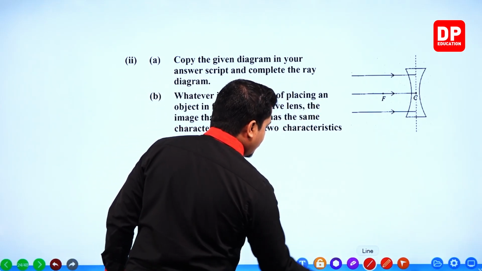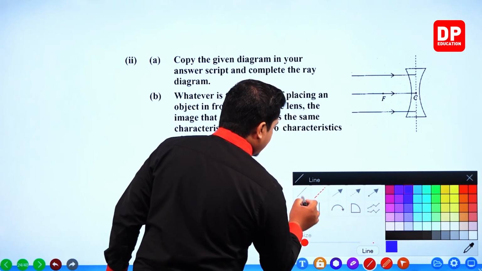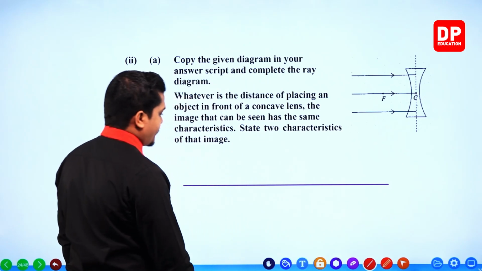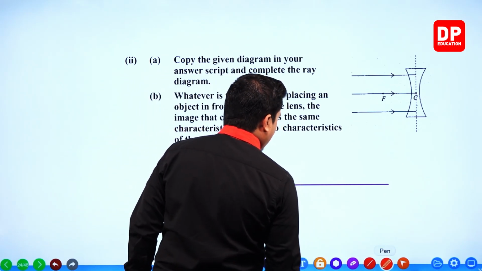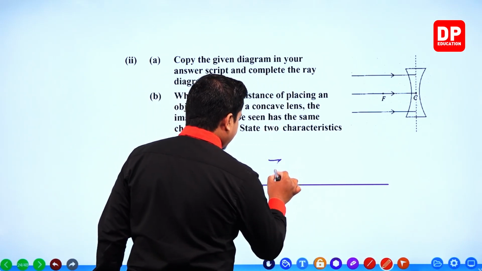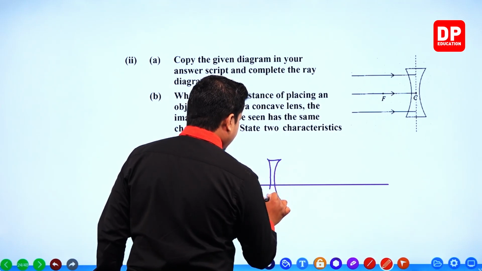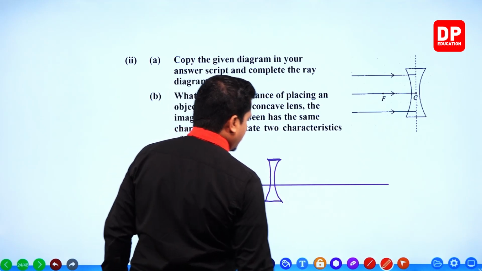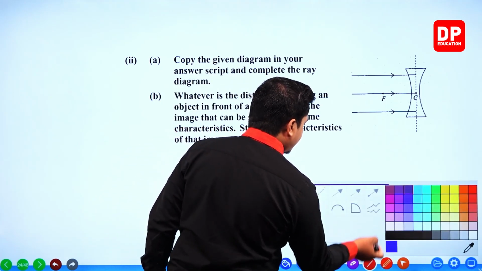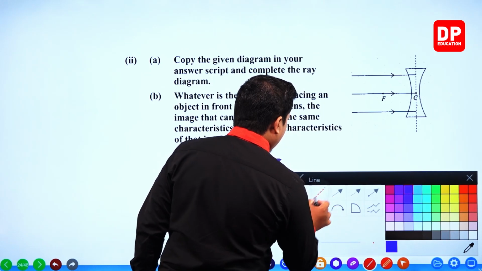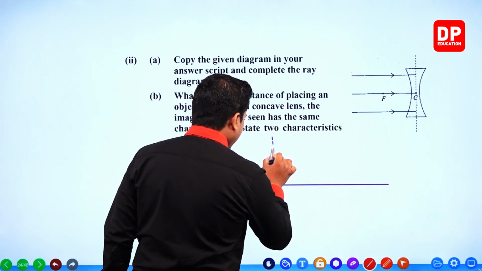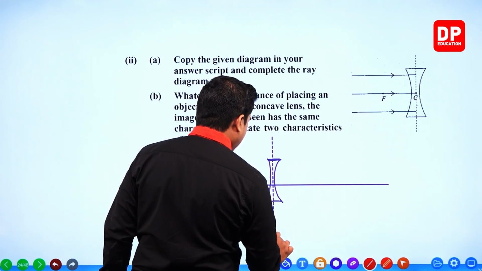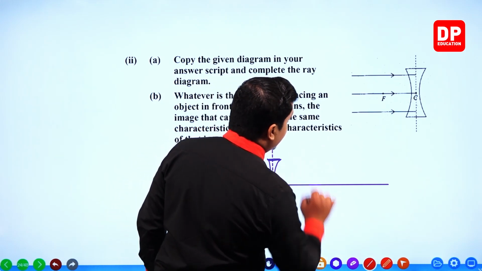First of all, we'll draw the principal axis. So this is the principal axis, my dear children. After that, the lens. This is the lens. Then the vertical line, I'll use a broken line like in the figure given here.